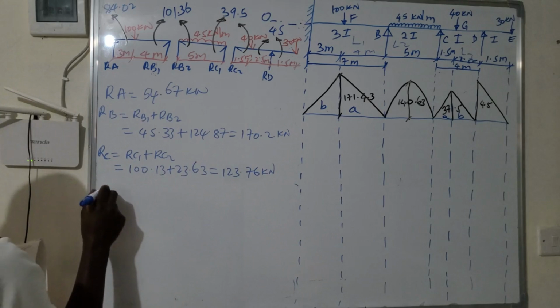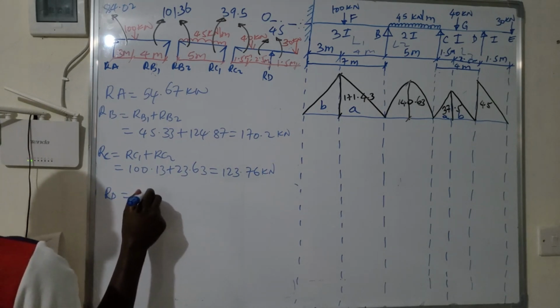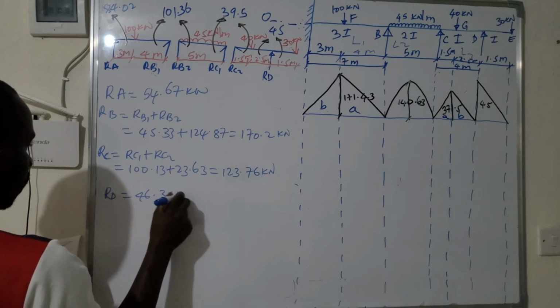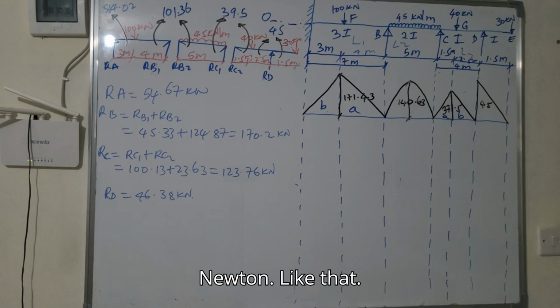Then RD is equal to 46.38 kilonewton, like that. Now you can draw our shear force diagram.